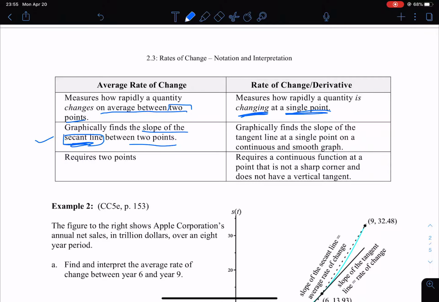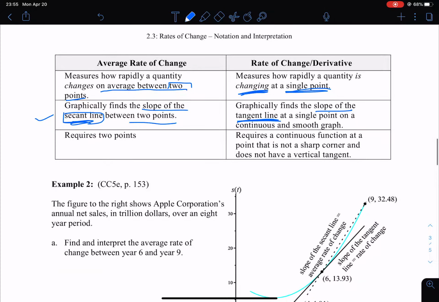And the rate of change, or derivative, is the slope of the tangent line at a single point. The average rate of change requires 2 points; it must be an interval. And the derivative requires a continuous function at a point that is not a sharp corner and does not have a vertical tangent.